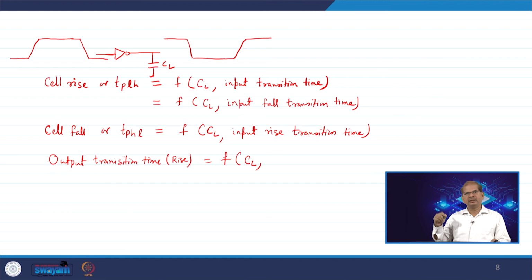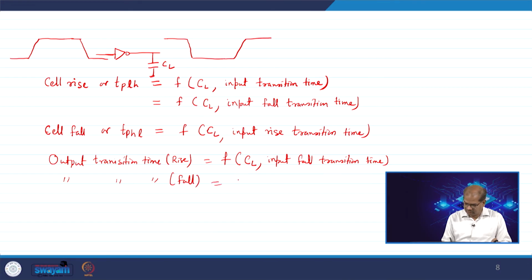Your output is rising in the case of an inverter, so it will depend upon the input fall transition time. Output fall transition time is a function of CL comma input rise transition time.